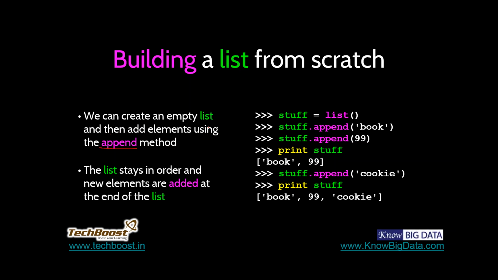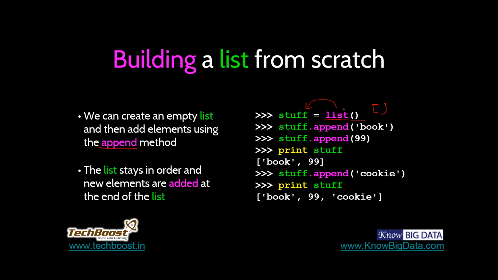And how did we create an empty list? Using the list method, correct? At this point, stuff is empty. Now we're trying to add an element to it using the append method.